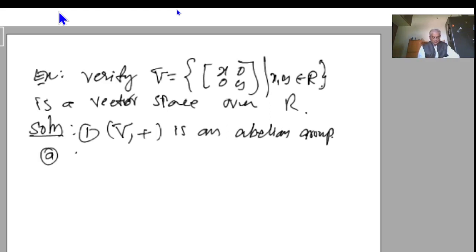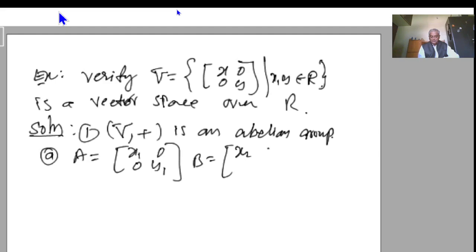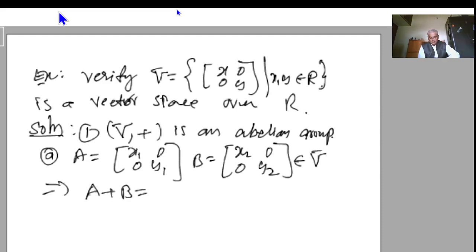So let me take one by one here. A equal to say [x1 0; 0 y1] and B equal to say [x2 0; 0 y2] belong to V. This implies A plus B equal to [x1 + x2 0; 0 y1 + y2] by the addition of the matrices.